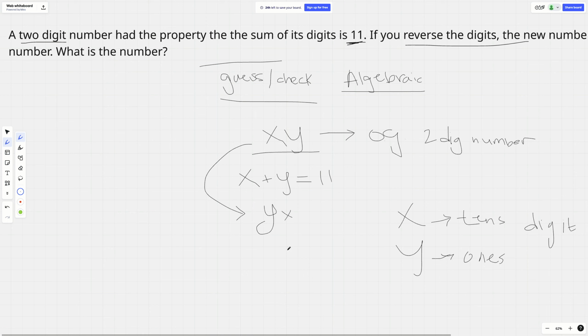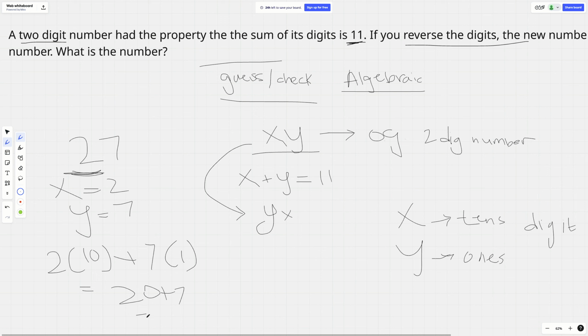Going back to that initial example, if we had the two-digit number 27, x would be 2 and y would be 7. This isn't 2 times 7 or 2 plus 7. This is 27. Now, this 2 actually has a value of 20, because it's in the tens digit position. And so this is going to be 2 times the tens digit value plus 7 times the ones digit value, which gives us 20 plus 7, or 27.